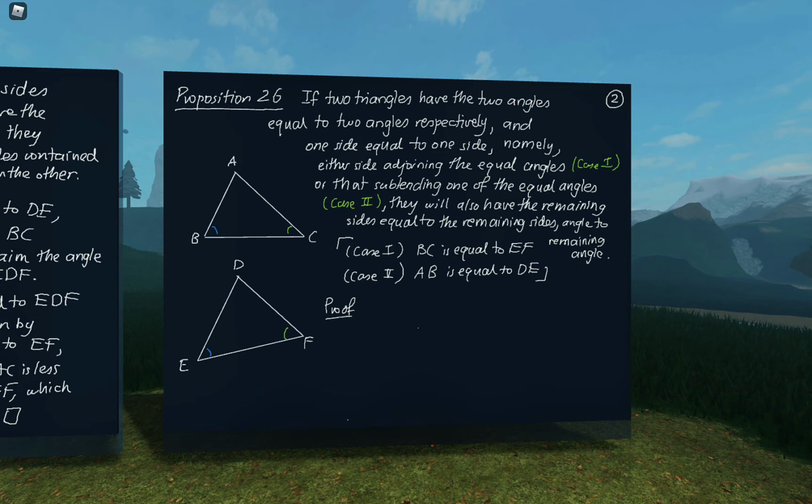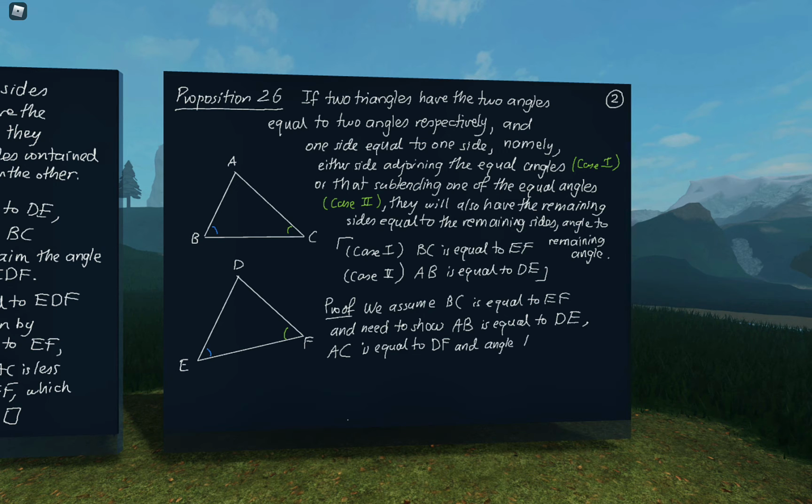And what I need to show, so we assume BC is equal to EF, and need to show AB is equal to DE, AC is equal to DF, and angle BAC is equal to angle EDF.